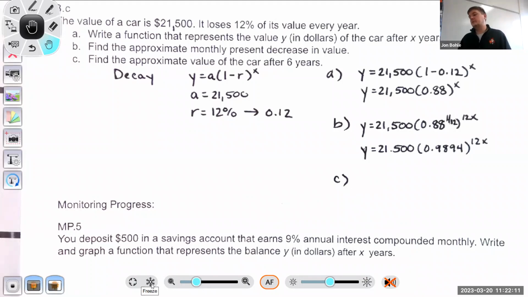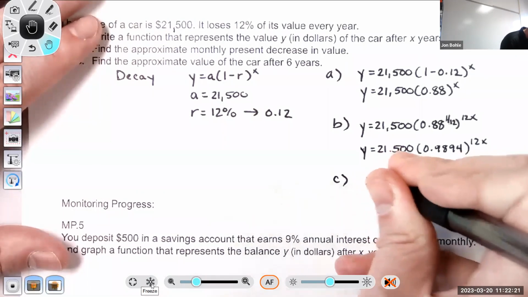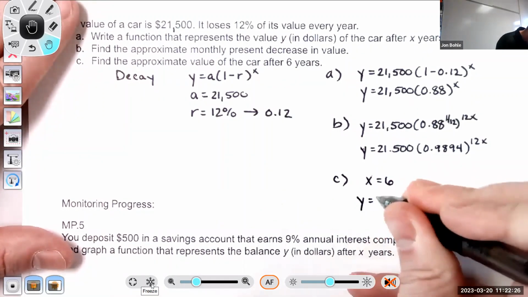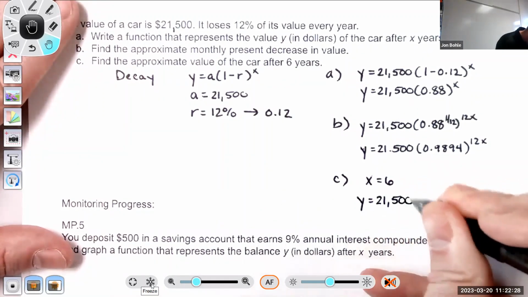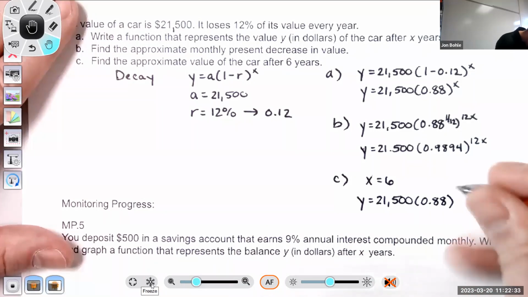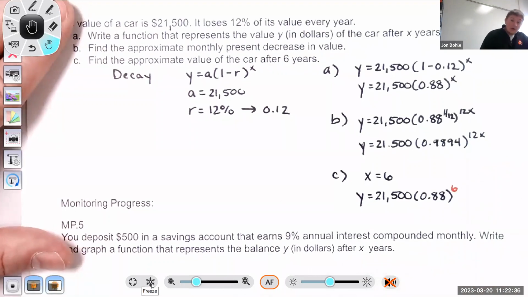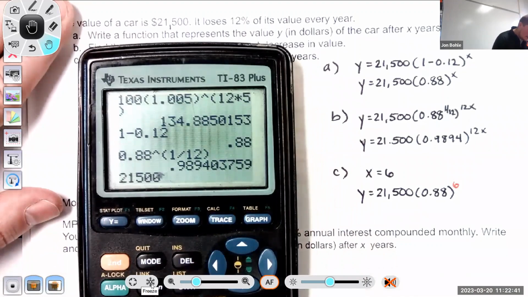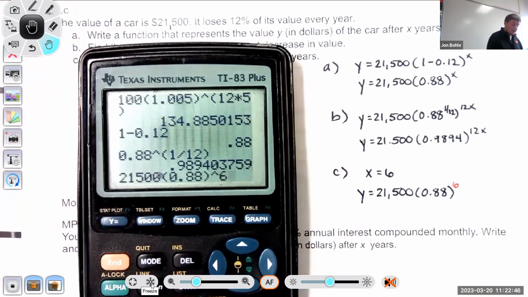What's going to be equal to 6? After 6 years, what variable is equal to 6? X or Y? X. So then I just plug it into the formula. And just like when we graphed, you typed a lot of this in. 21,500 times 0.88 to the 6th power.